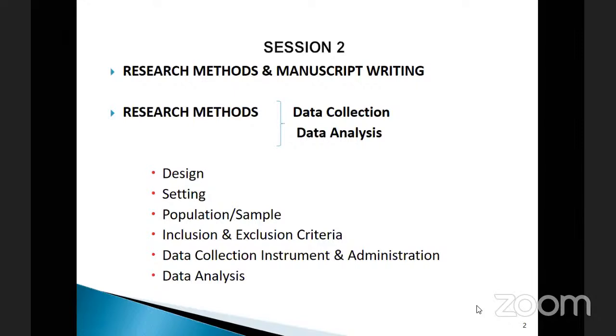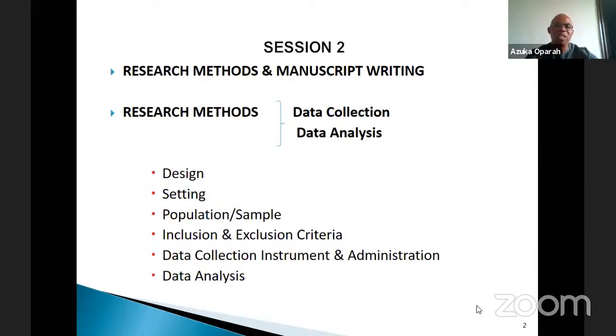So specifically, we'll be looking at design, what we mean by design of a study. That's actually the first thing we talk about under methods. Then the setting, the population, and sample. Under here, we'll be looking at what we really mean by the population and what we mean by sample, and how we sample. So we also look at different techniques of sampling that can validate your study.